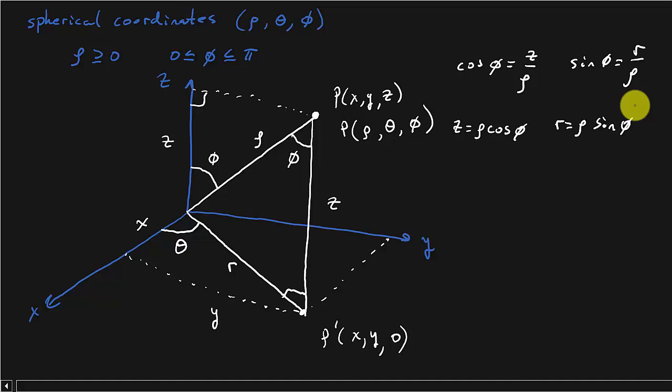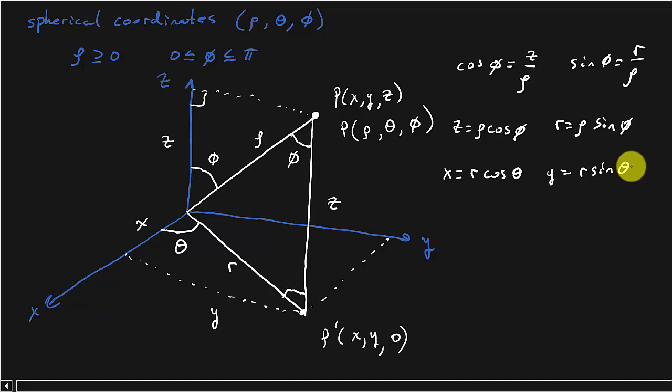Now let's look at theta and r here. You remember from earlier that x is equal to r cosine theta, and y is equal to r sine theta.